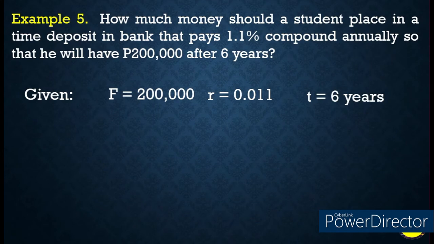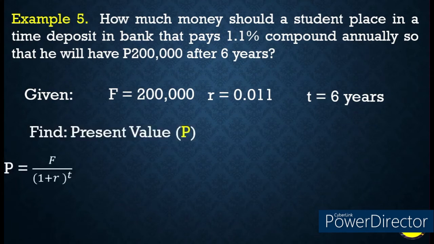So gamitin natin yung another formula to compute the present value. So kanina 'di ba dalawa yung pinakita ko sa inyo. So at this time ibang formula naman yung gamitin natin. Ito yung kaninang ginamit natin. So let's try to use this formula. Pwede rin yung itong formula na yan, o kaya pwede rin to.